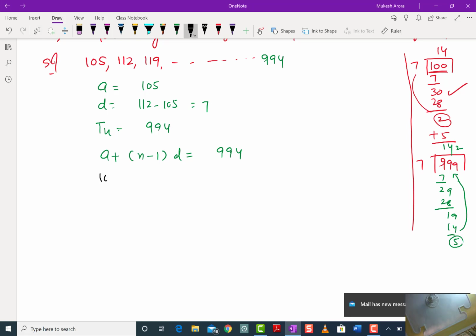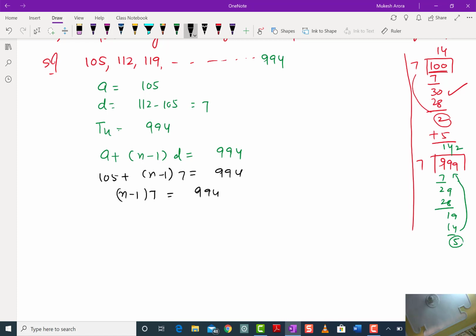So A is 105, D is 7, and the last term is 994. (n minus 1) into 7 is equal to 994 minus 105, which is 889.